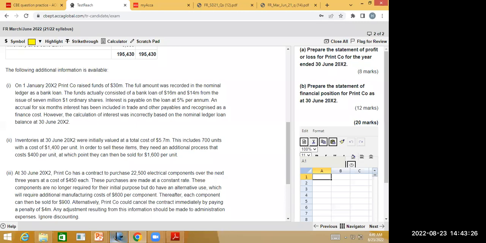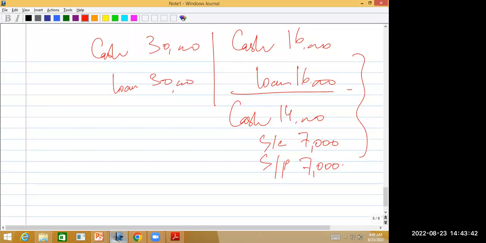After that, interest is payable on the loan at 5% per annum. As an accrual, the 6-month interest has already been included in the trade and other payables and recognized as a finance cost. So what they have done: 30 million into 5% into 6 by 12, 750.